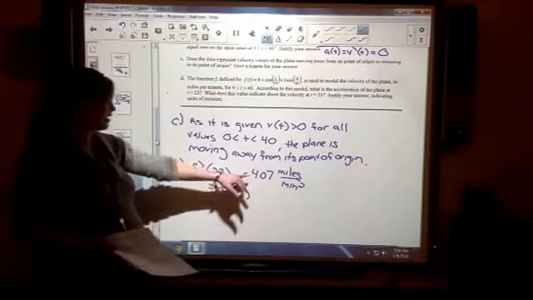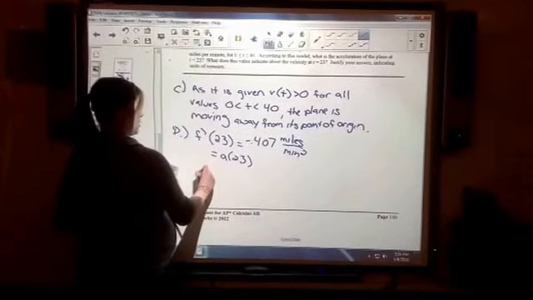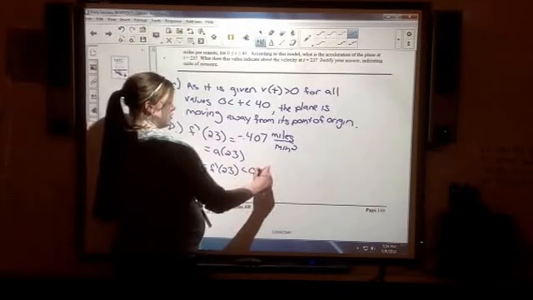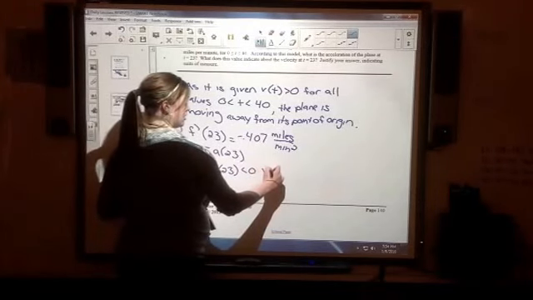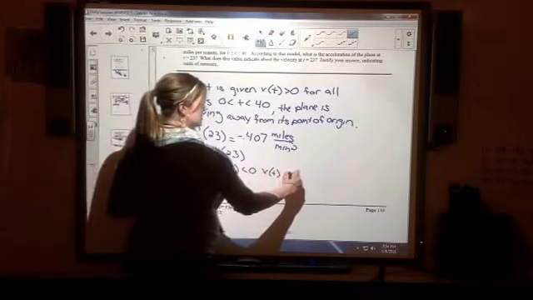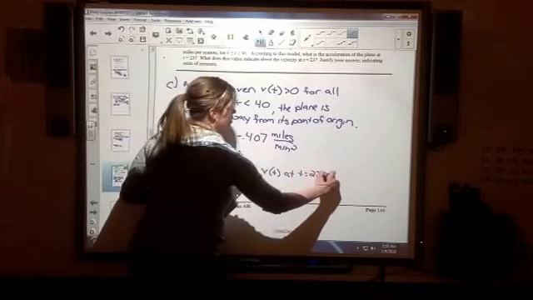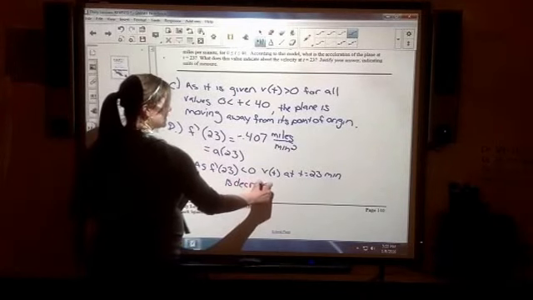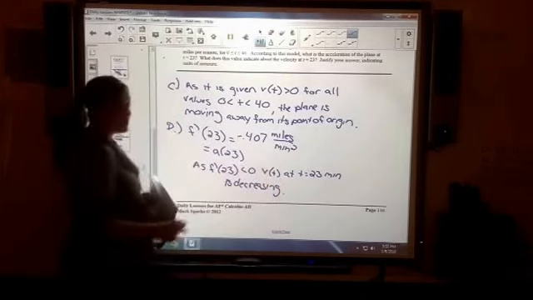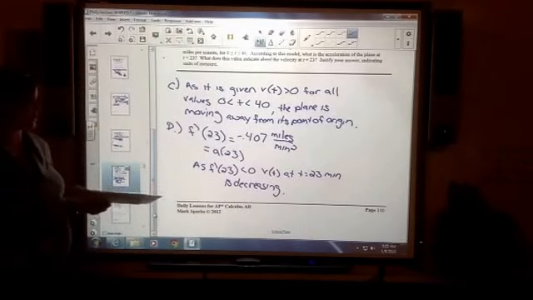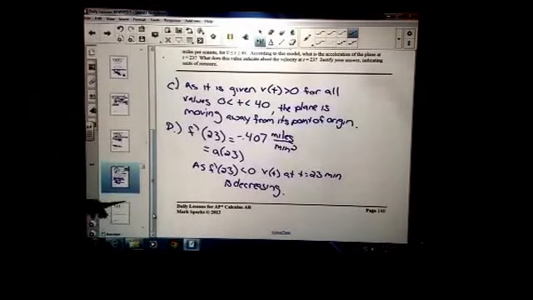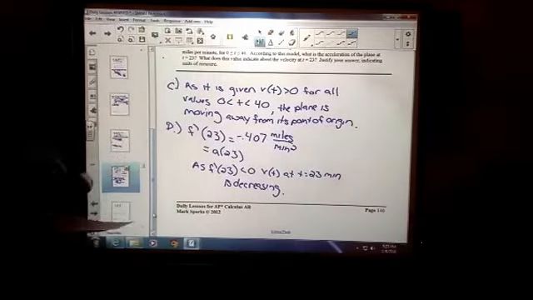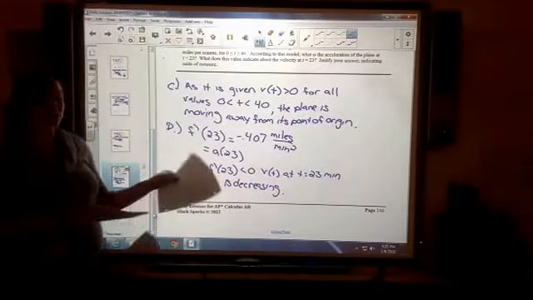So if this is negative, so as f prime of 23 is less than 0, velocity, v of t at t equals 23 minutes is decreasing. Notice it didn't say anything about speed. It doesn't ask me about speed, so I'm not checking the signs for velocity and acceleration. It's just asking me about velocity. So if I have the derivative of velocity is less than 0, that means that velocity itself is decreasing.